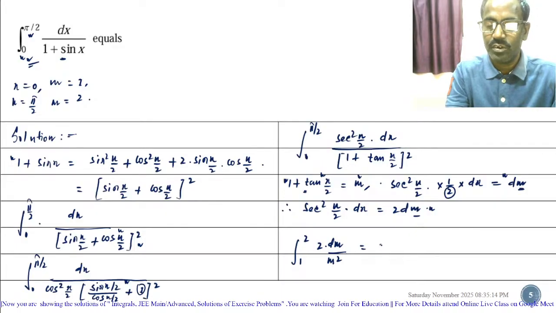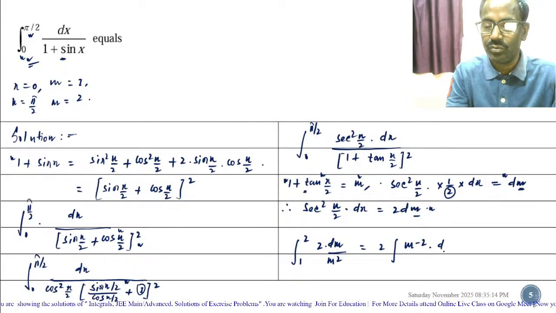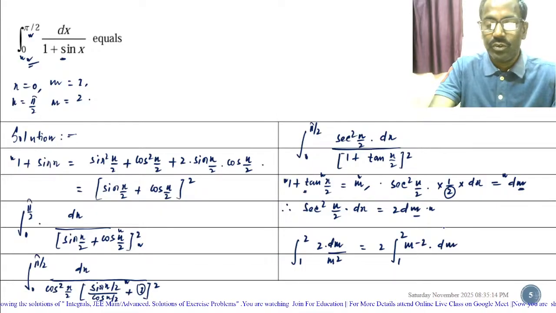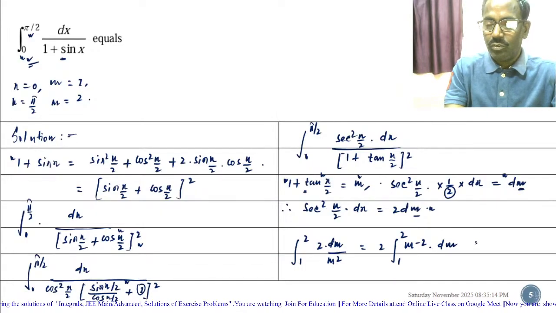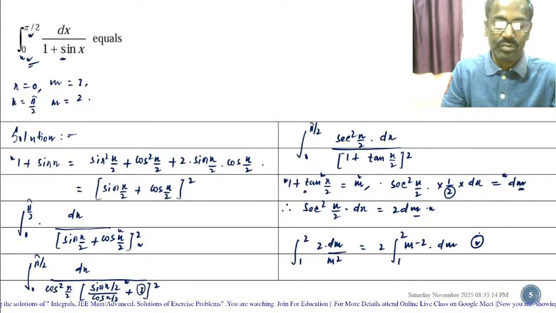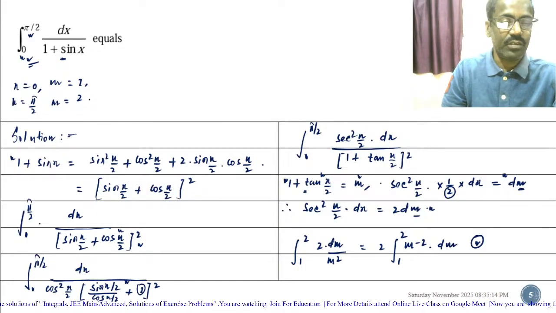So we write 2, and m to the power minus 2 into dm, from 1 to 2. Observe, there is no problem to understand up to this step. So let's see what the next step will be.